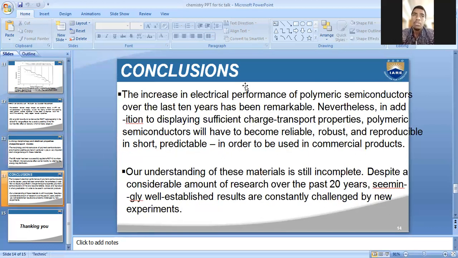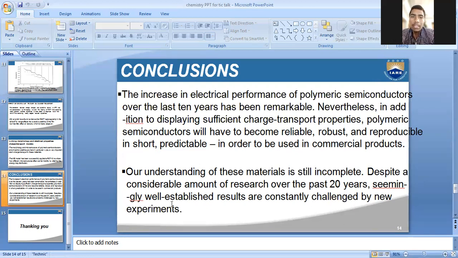Here we come to the conclusion. The increase in electrical performance of polymeric semiconductors over the last 10 years has been remarkable. Nevertheless, in addition to displaying sufficient charge transport properties, polymeric semiconductors will have to become reliable, robust, and reproducible, in short, predictable, in order to be used in commercial products. Our understanding of these materials is still incomplete despite a considerable amount of research over the past 20 years.